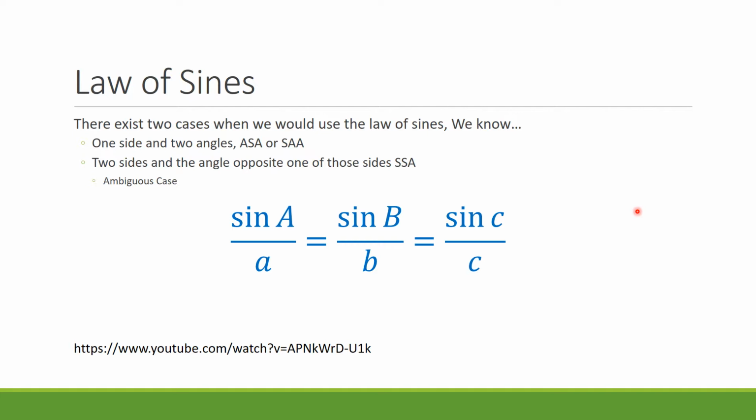I encourage you to write this down as we're going to use some examples here. I realize you guys can't copy and paste this link as it is on YouTube, but I really encourage you to either type in this link or just simply search YouTube for a law of sines proof. This is a very straightforward proof that will really give you some intuition as to how we derive this.